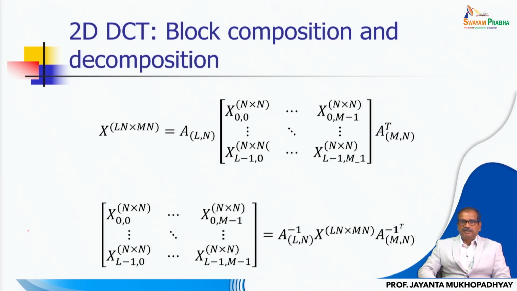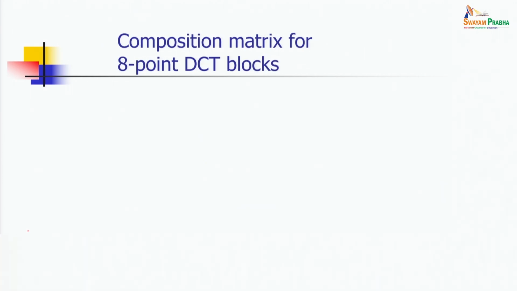Anyway, in this context mostly you will be working with 8 cross 8 blocks. That's why you will be considering the 8-point DCT block, and you would like to see how this composition matrix looks with respect to it.